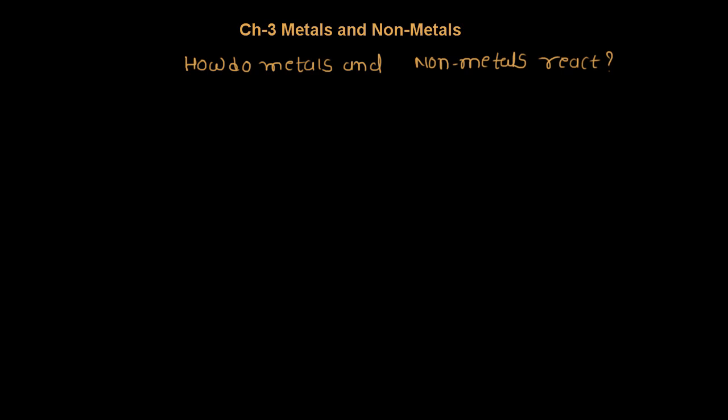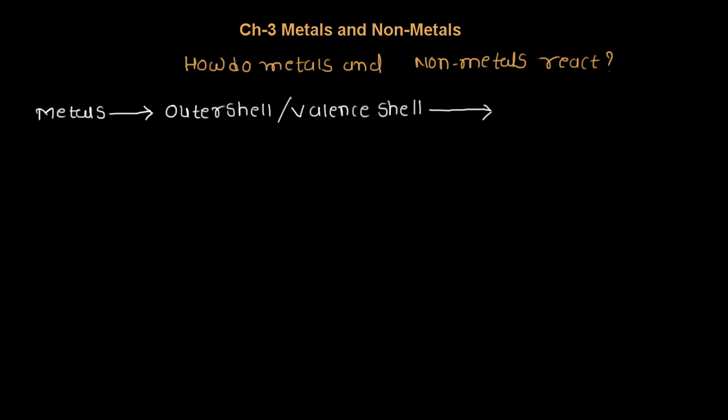Who are metals? Metals are those in which the outer cell, meaning the valence cell, has 1, 2 or 3 electrons.